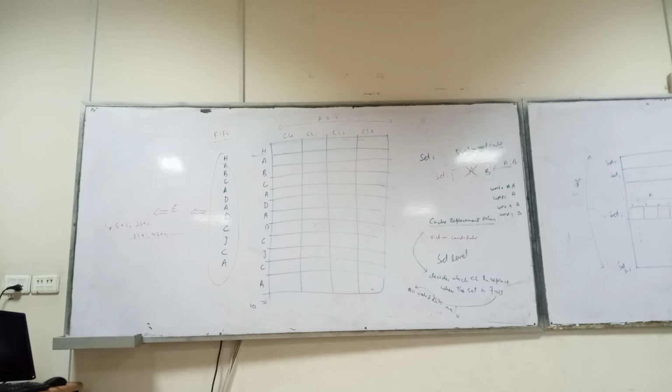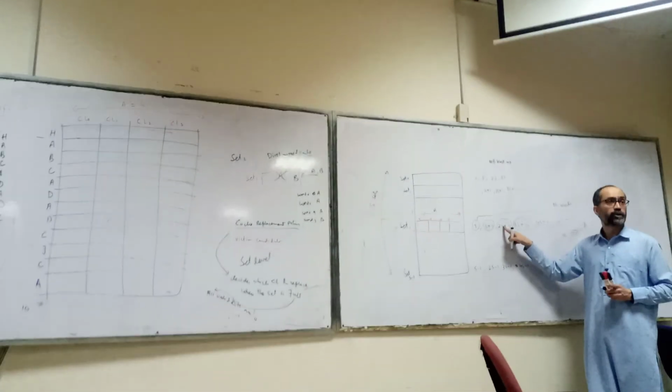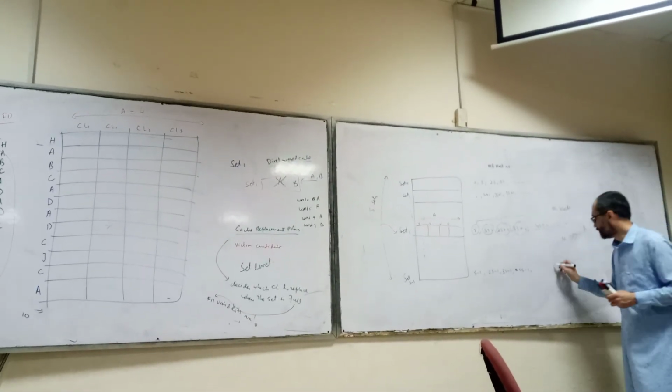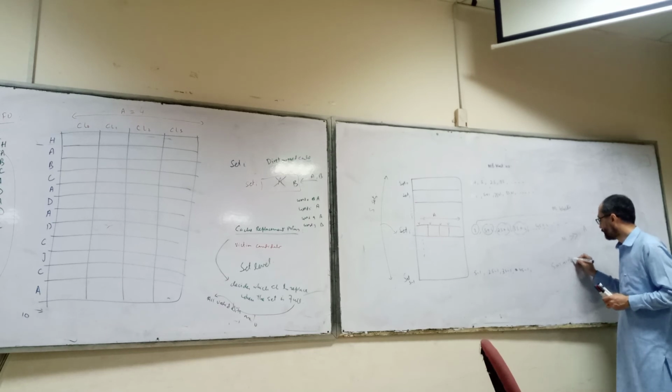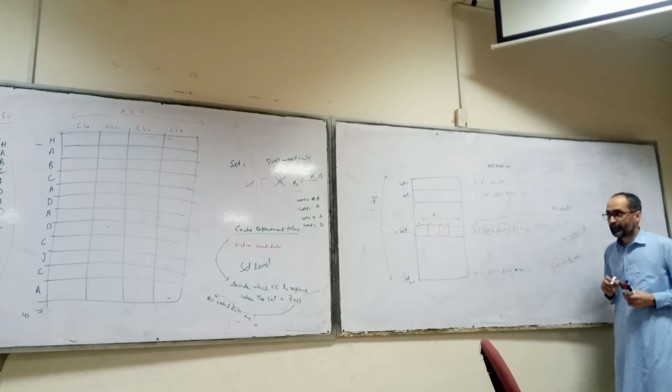Now all the blocks that are mapped to this set I are I, S plus I, 2S plus I, where S is the number of sets.